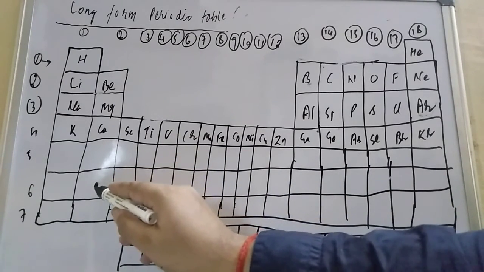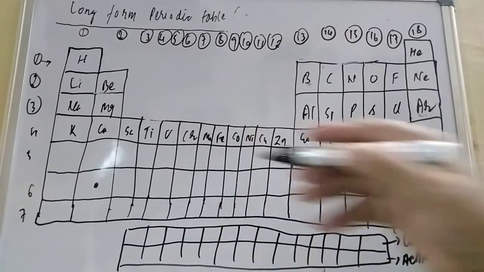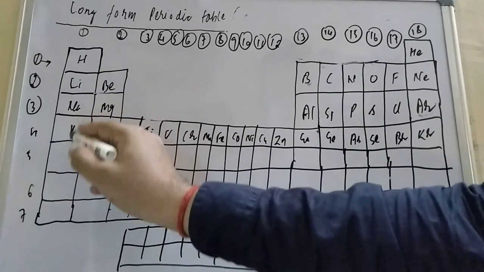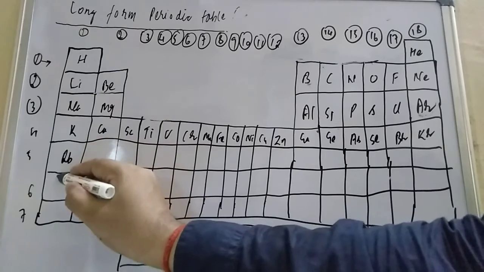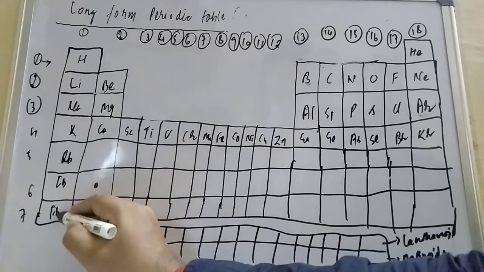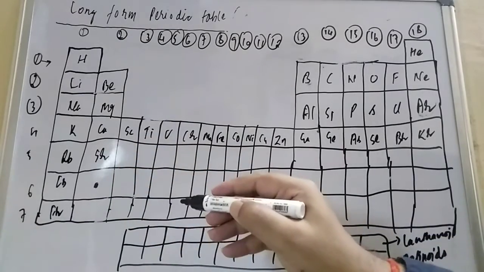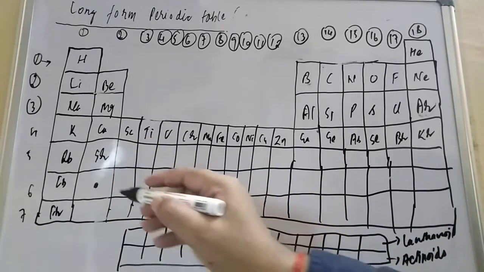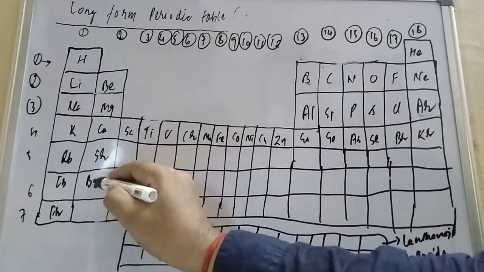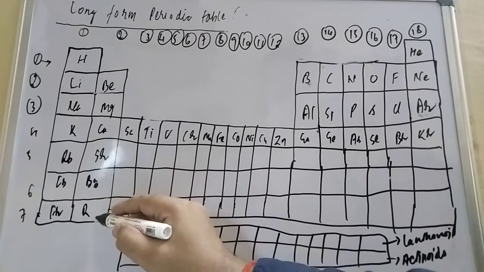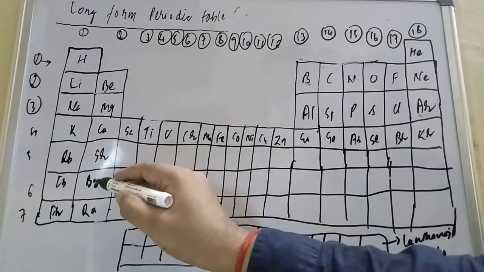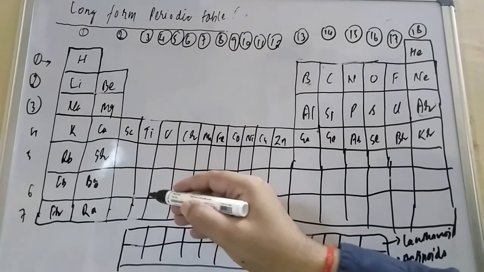After this, here is hydrogen, lithium, sodium, potassium, rubidium, cesium and francium, and beryllium, magnesium, calcium, strontium, barium and radium. Barium has atomic number 56.